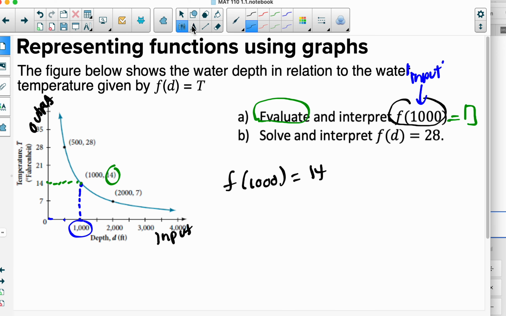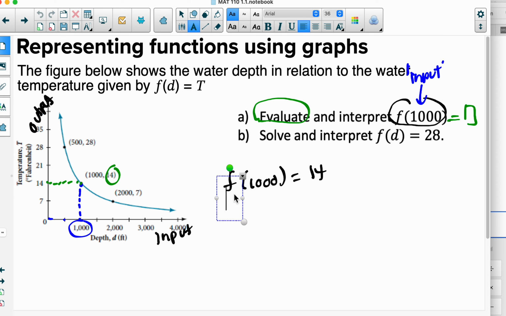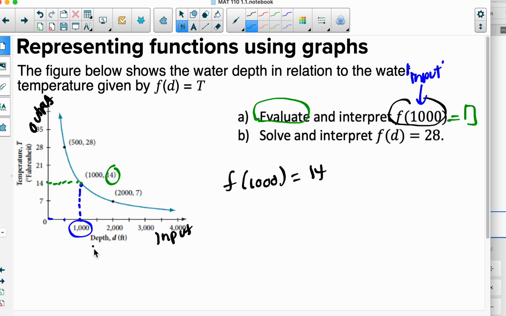And if I translate this, I'm going to look to see what my input represents. Well, my input represents depth and my output represents temperature in Fahrenheit.